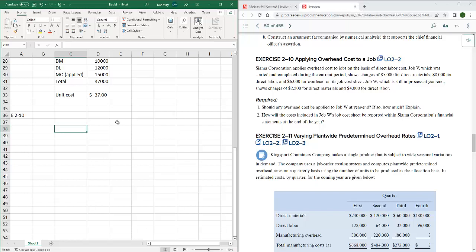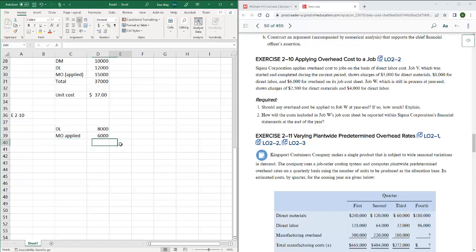Just to be clear, for job V we had direct labor of $8,000 incurred, and the overhead applied was showing there at the end of the year at $6,000. And this job's done. It means all the costs have been assigned to it, period, end of story. So I can figure out what that predetermined overhead rate must have been based on this.